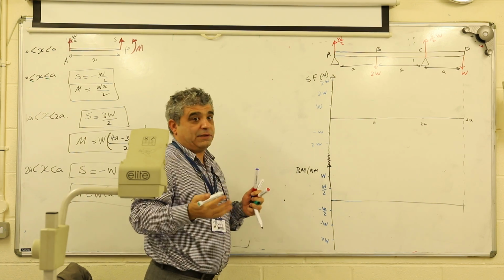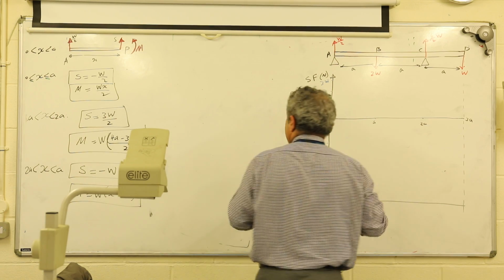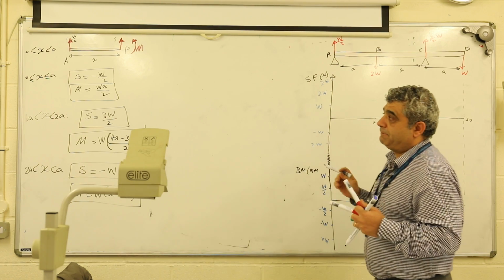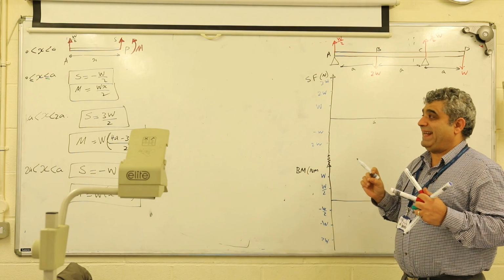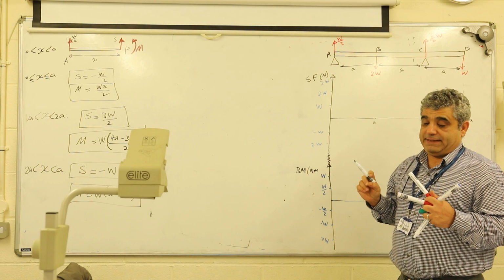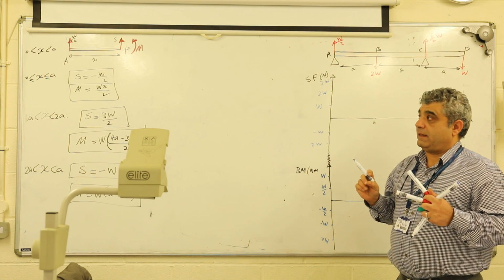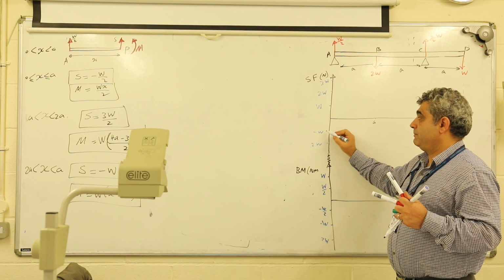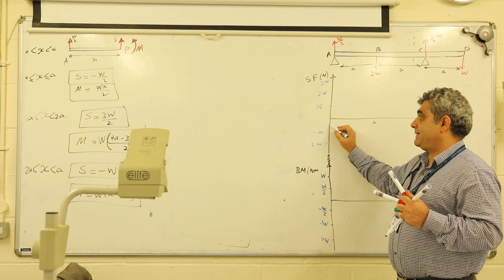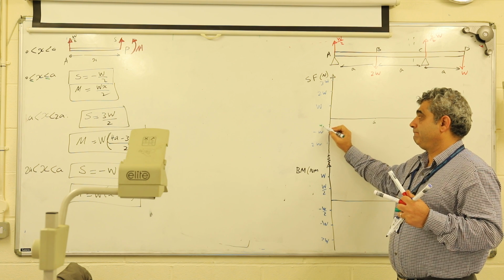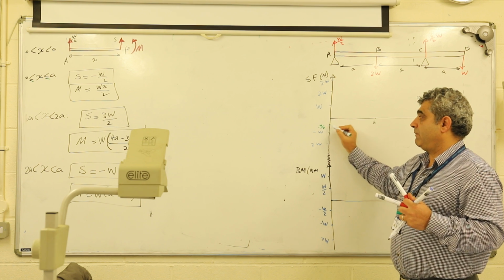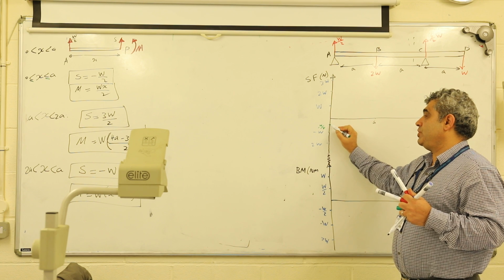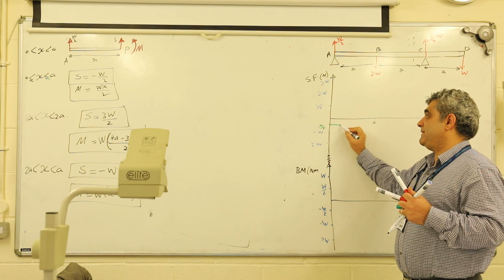Why do we do that? In order to solve it. So we know that between 0 and A, shear force is minus W over 2, half of the W.